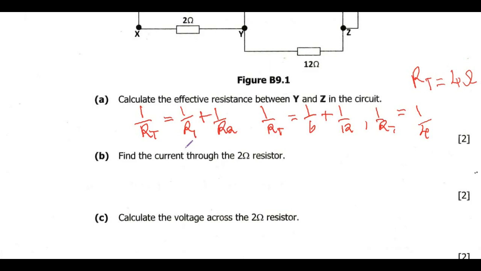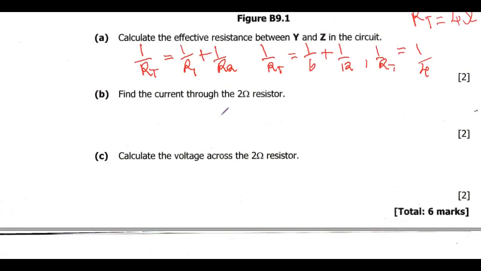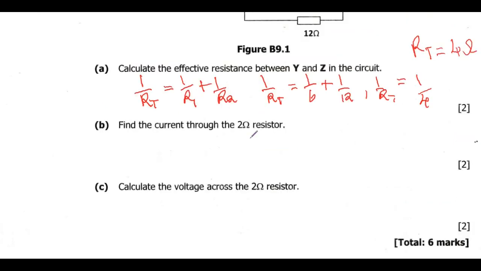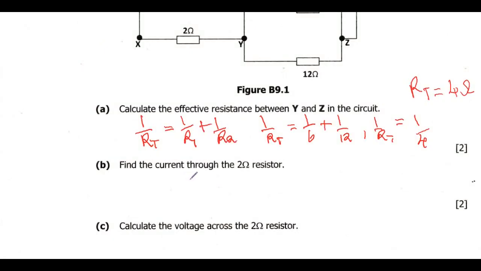So we find the total resistance in the circuit so that we can find the total current, which is the same current through the 2 ohm resistor. So we have the resistance between Y and Z. It is 4. The effective resistance, it is 4.